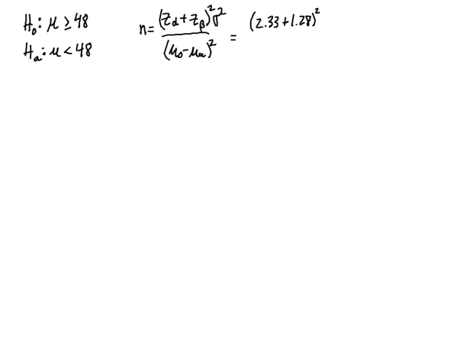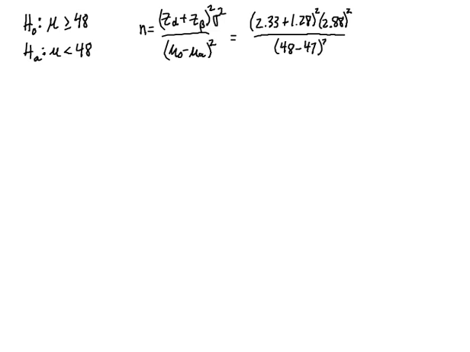and then sigma is 2.88, and then we're dividing that whole thing by 48, the value we're testing against in the null hypothesis, minus the acceptable value for mu.